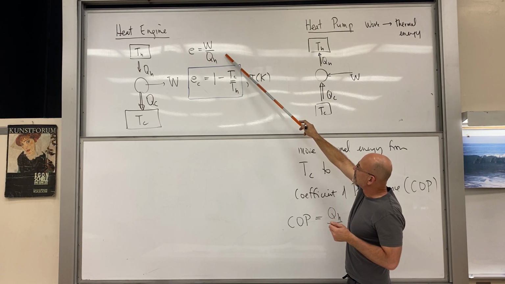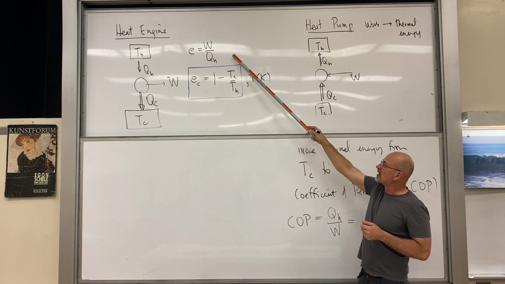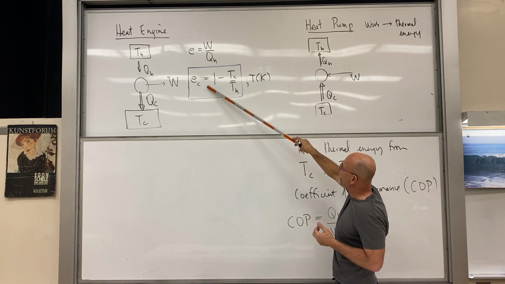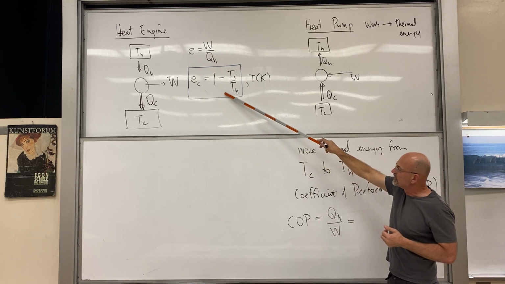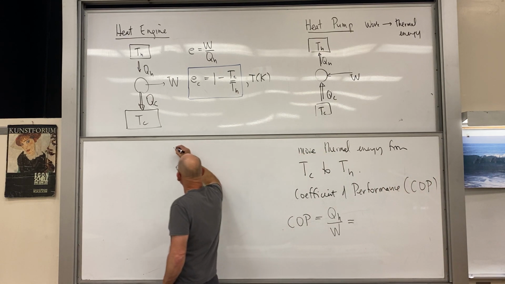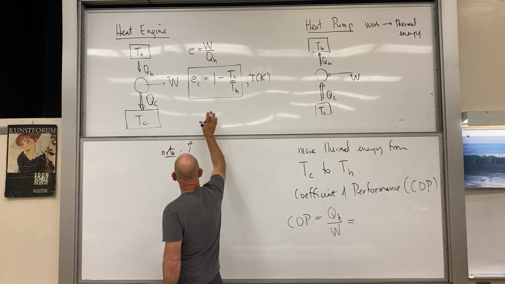For the ideal engine, this would involve conservation of energy. Okay. This came from conservation of energy and an increase of entropy. So I should put a note here. I said it, but I'll make sure it's written down.